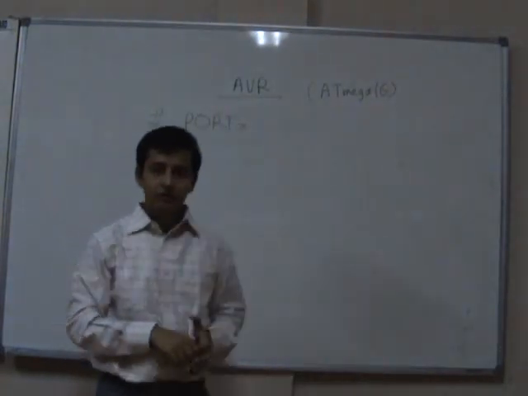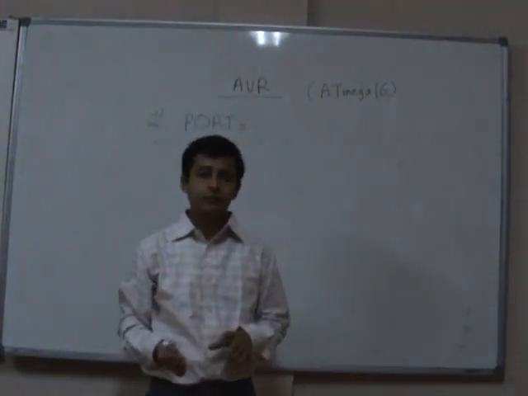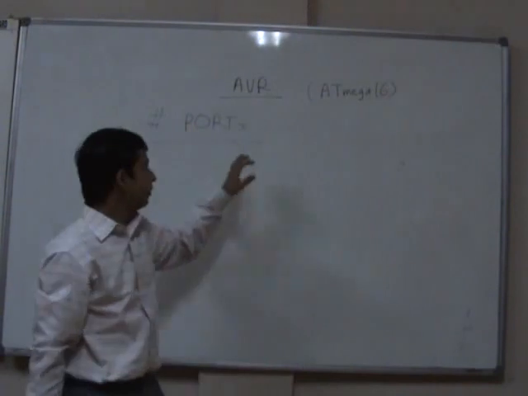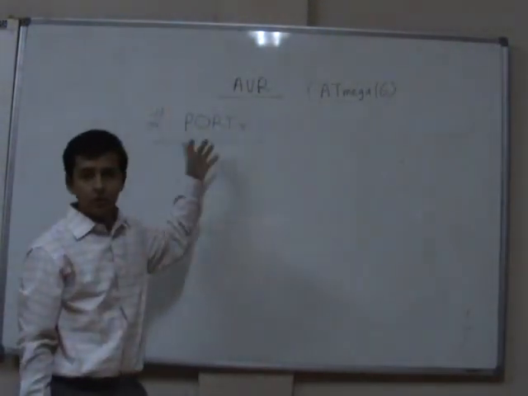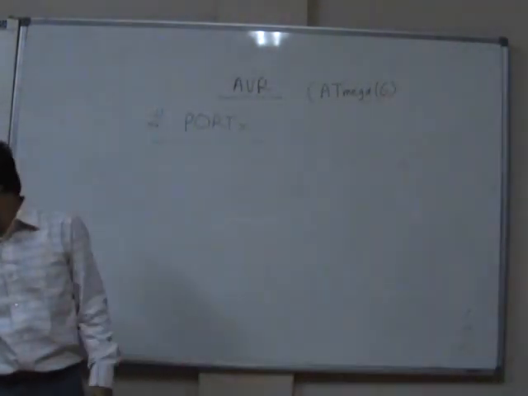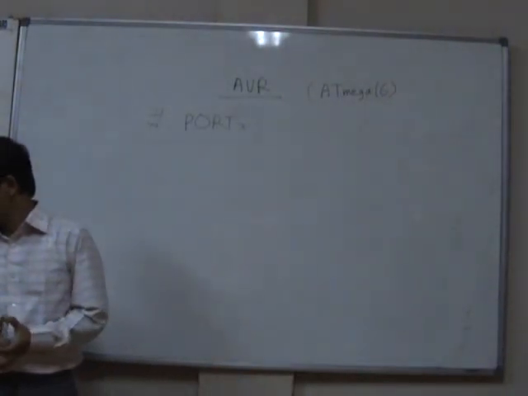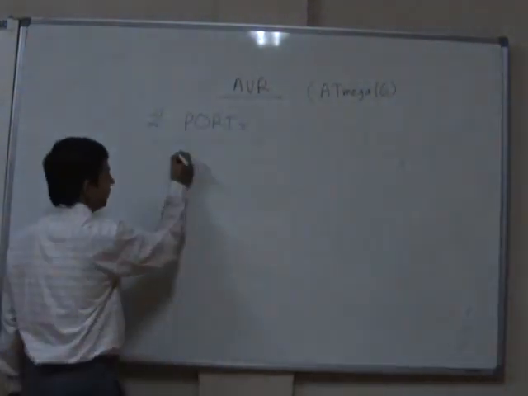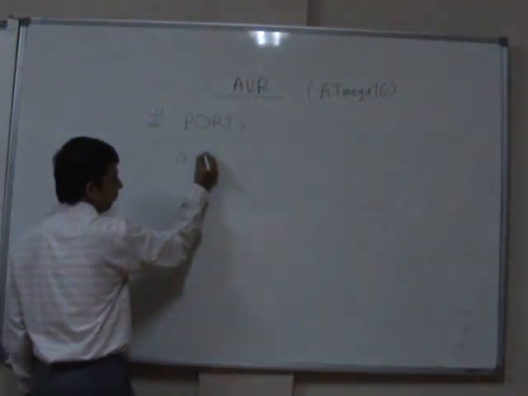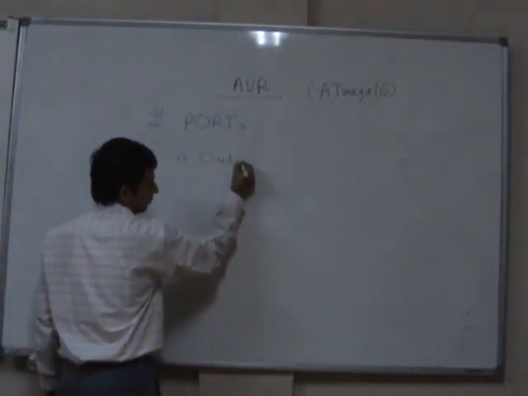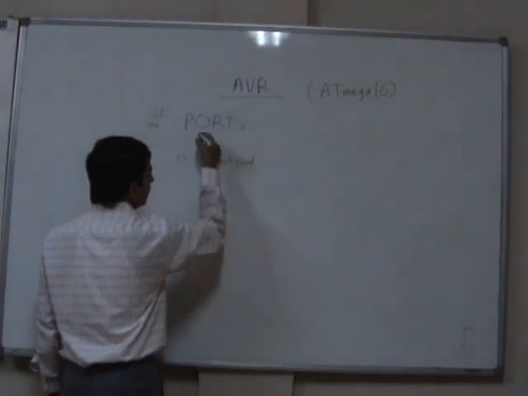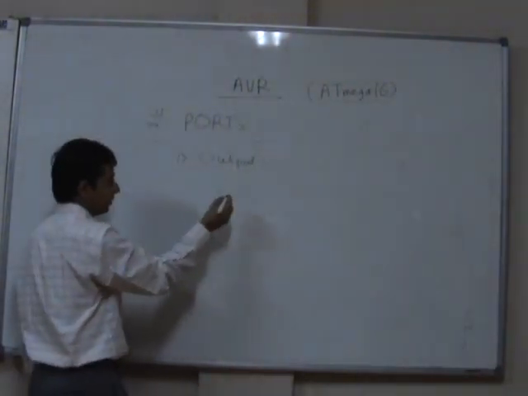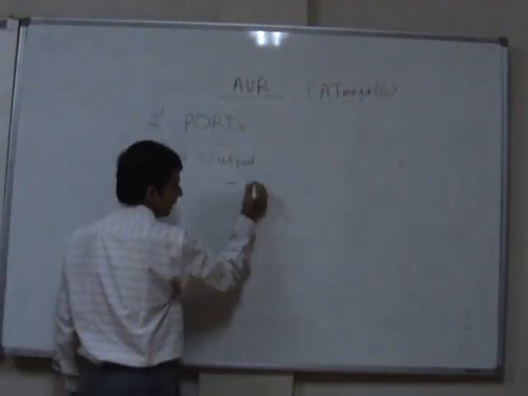Now this is where it gets slightly confusing. This PORT register has two different functions. Whenever a port is configured for output, this register, that is the PORT register, is used to write the data onto the port.